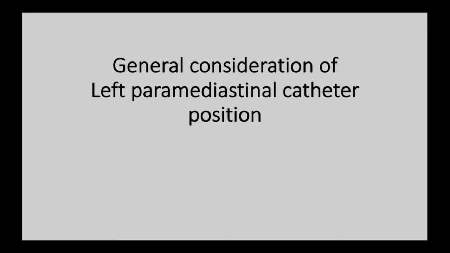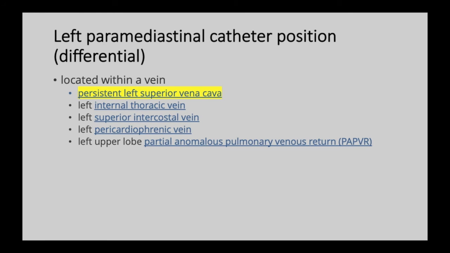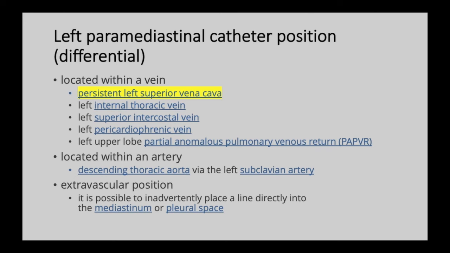General consideration when you have a frontal radiograph showing a left paramediastinal position of catheter. Again, I'm going to bring up this slide. Is it located within a vein or artery or is it not within any vessel?